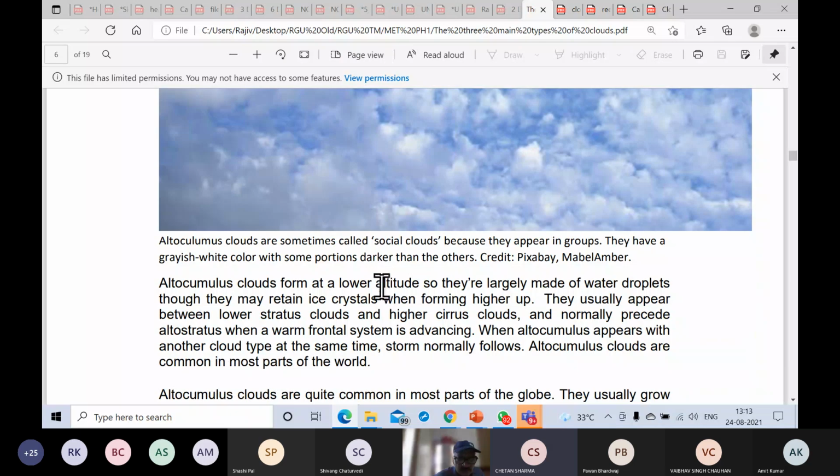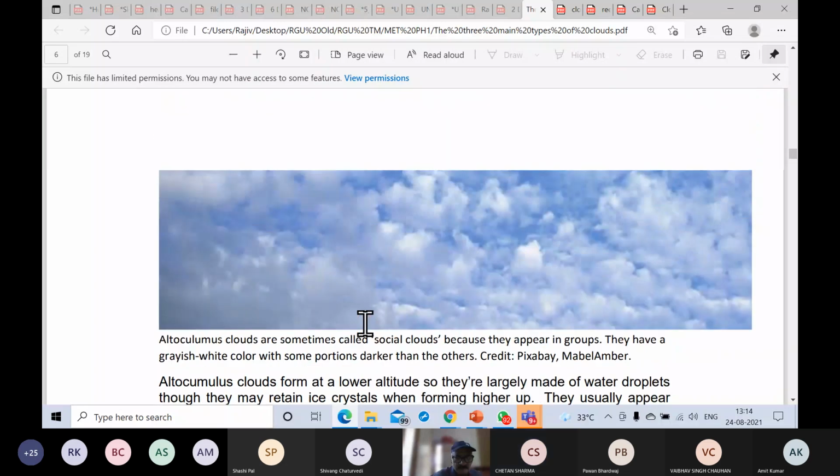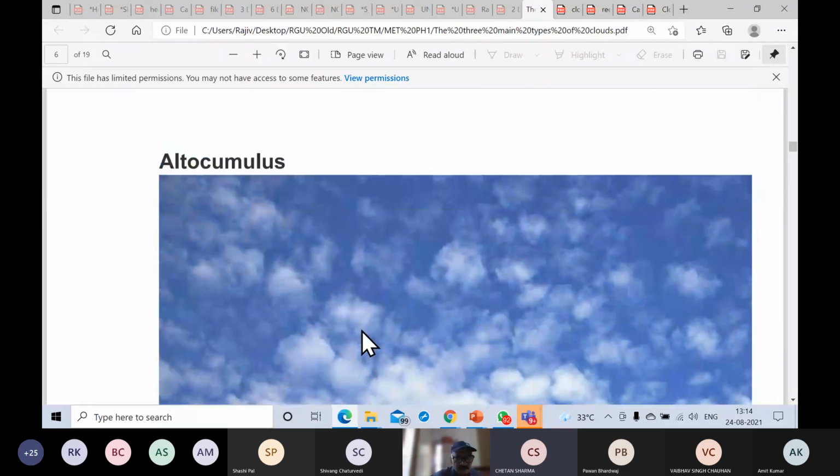Alto is the prefix used for mid level. नहीं सर, ऑल्टोस्ट्रेटस और सीरोस्ट्रेटस मोस्टली दिखने में थोड़ा बहुत सेम ही होते हैं ना, तो हेलोज इन दोनों में से किसी एक में क्रिएट होते हैं. वो जो सन के आसपास लाइट हो जाती है, वो सीरोस्ट्रेटस में होते हैं?